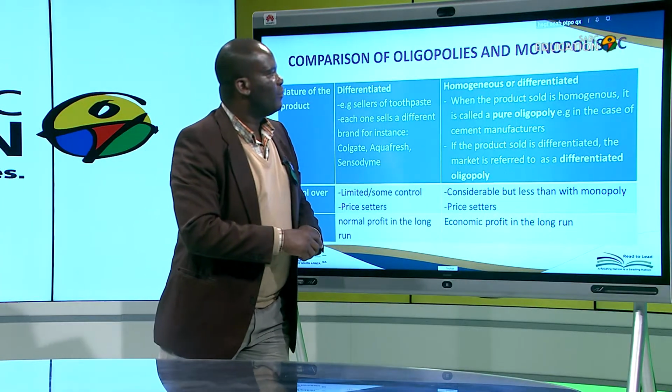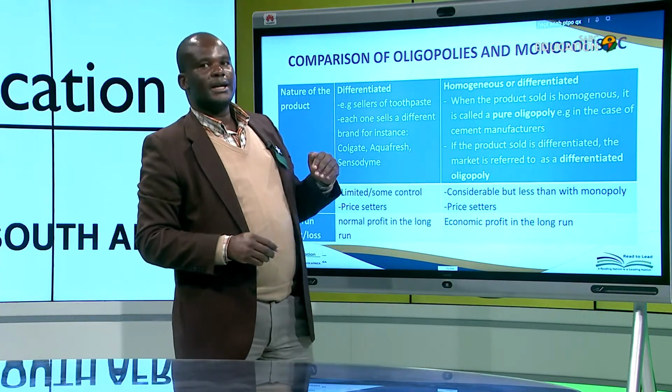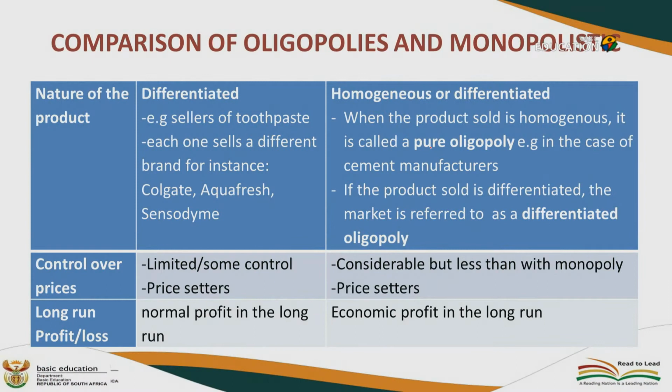When we go to oligopoly, the product can either be homogeneous or differentiated. Homogeneous, as in perfect competition, means that the product is identical in every respect: size, design, quality, and everything.